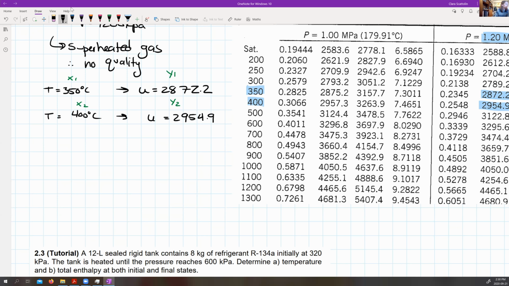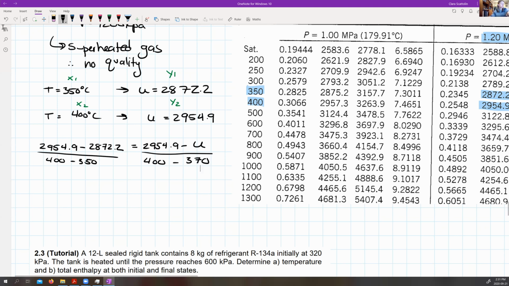All right, so y2 could be this one. y2 minus y1 over x2 minus x1 is equal to y2 minus our unknown, which is u, divided by, and then I will write it again in here.